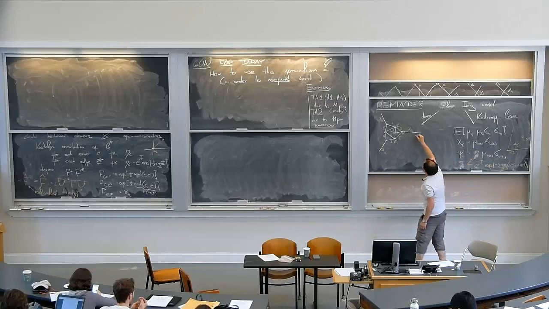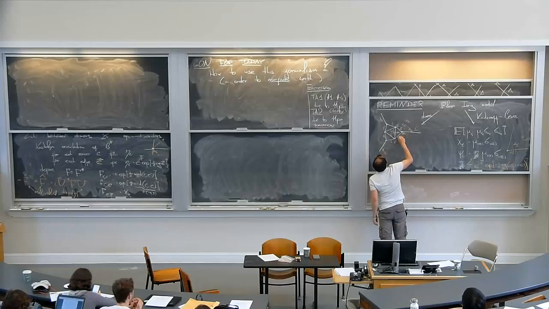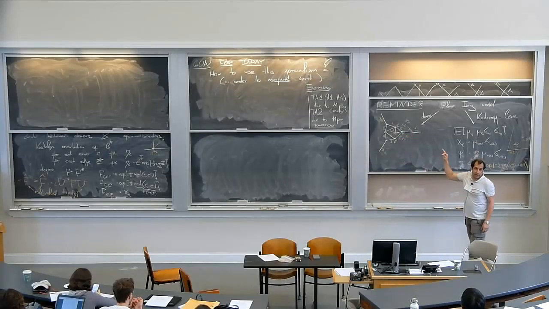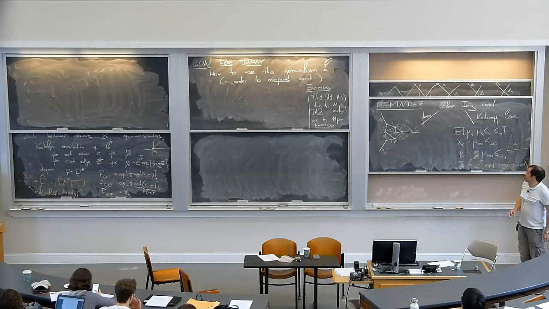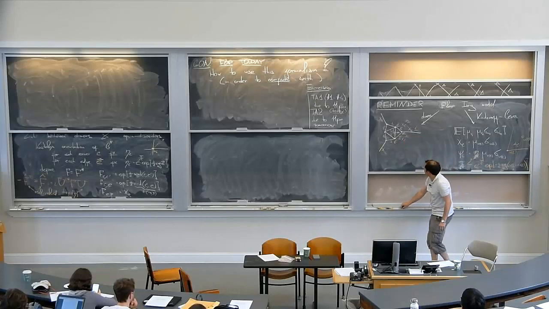So I'm going to replace this x by 1, this 1 by x to the minus 1/2, and this by x to the minus 1/2, and similarly everywhere else. I just multiplied every weight of an edge incident to this vertex by x to the minus 1/2. Why is it 1 here? Because there are two edges there.